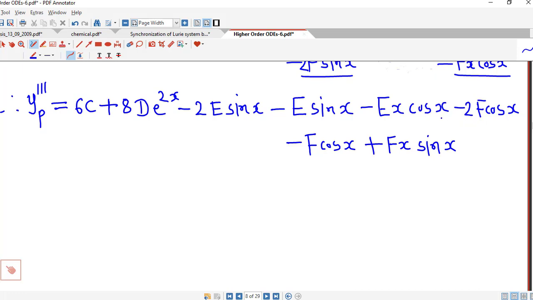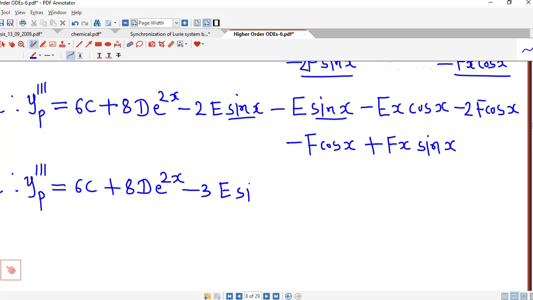Here we have e sin x. Okay, so we can rewrite by combining the terms. 6c as it is, there is only one term with e raised to 2x. Sin x is minus 2e minus e, so we have minus 3e sin x.